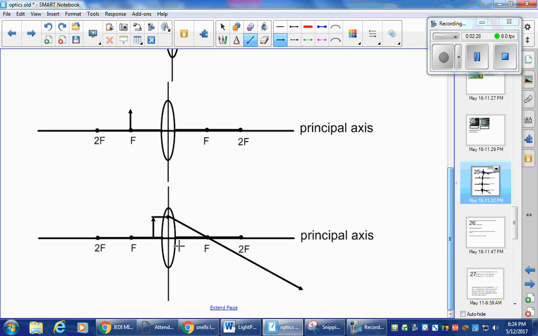Now this guy, since it's in front of the focal point, within the focal length, we're going to have to do some creative things here. Same thing, but instead of going backwards, you're going to go forward through the tip top. It has to still hit the center of the lens, and then it's going to switch and go parallel.